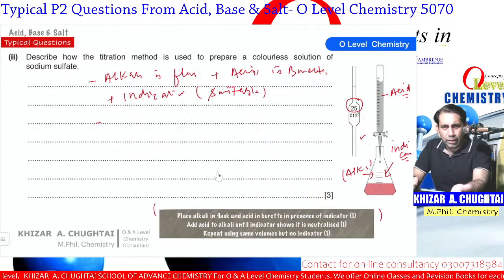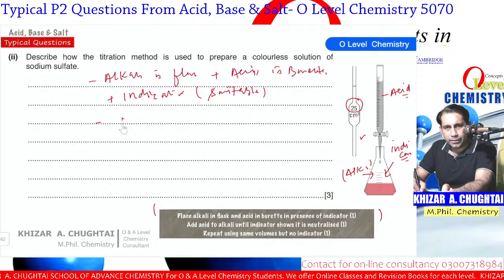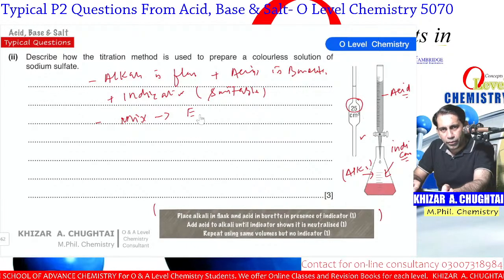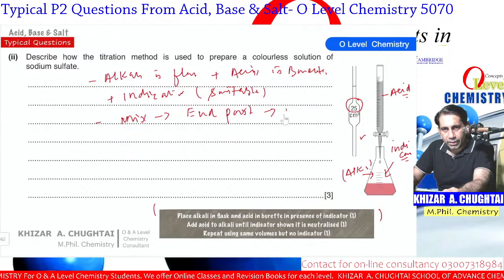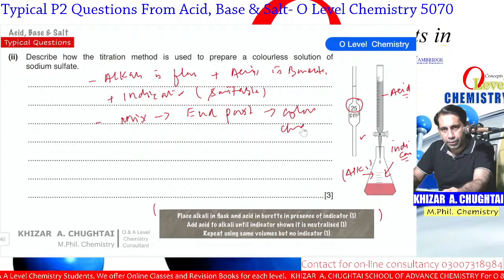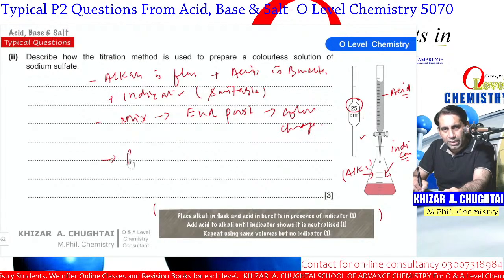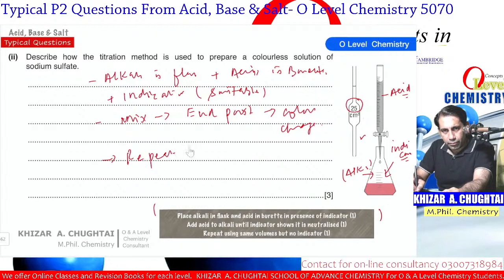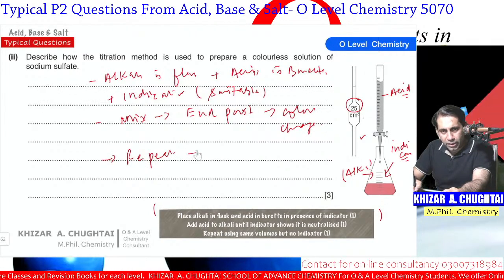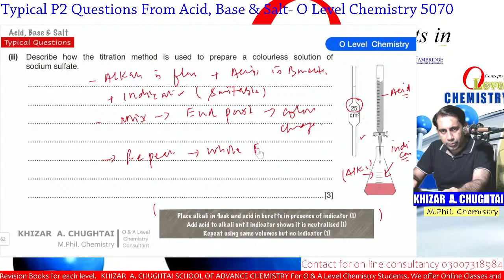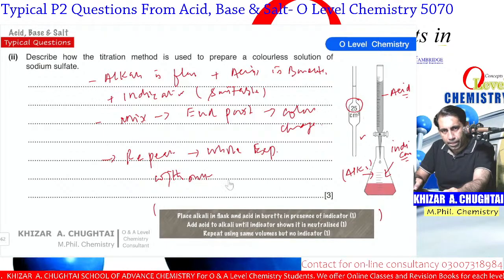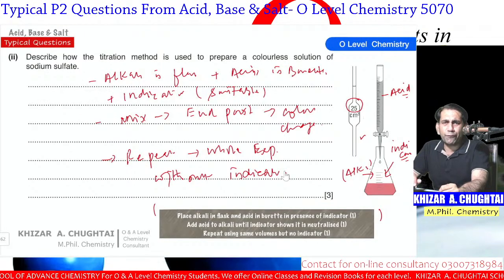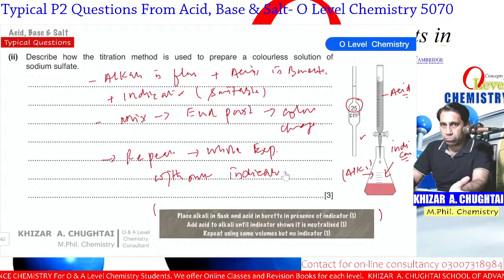Then you will mix them until the end point, till the color change of the indicator is visible. Then you will repeat the whole experiment without indicator. And so on. That is enough for the 3-mark question.